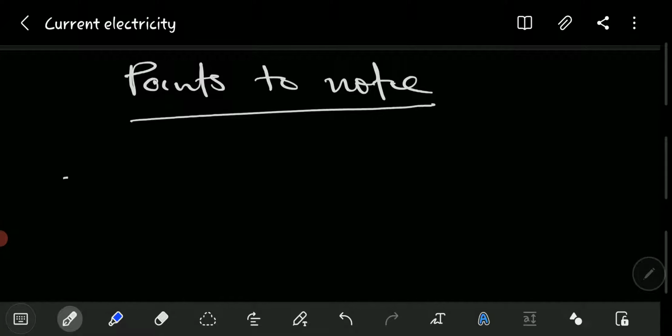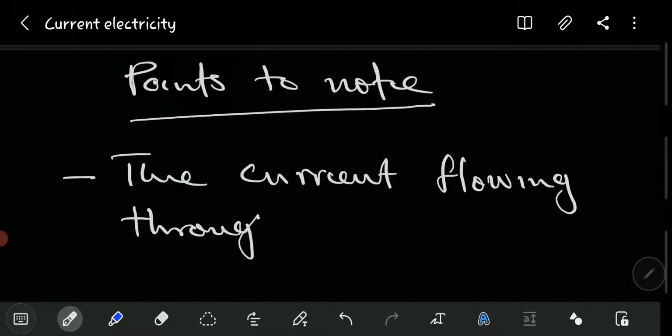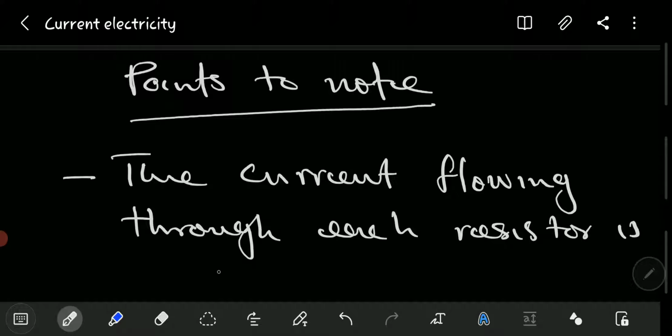The first one is that the current flowing through each resistor is the same.